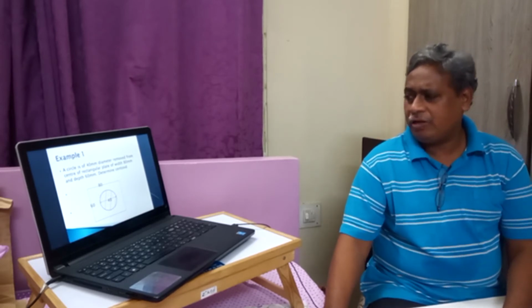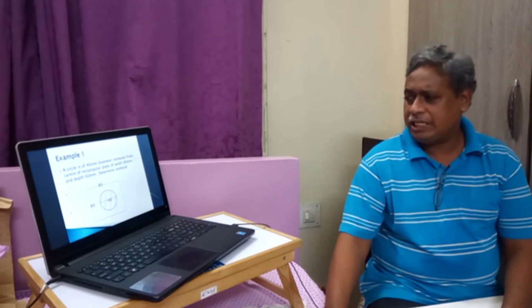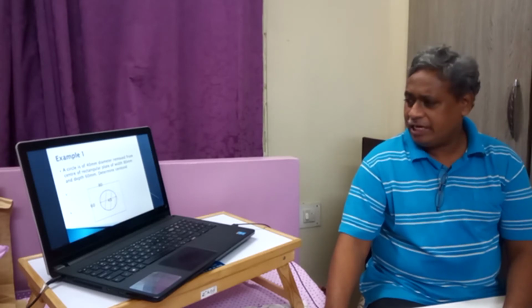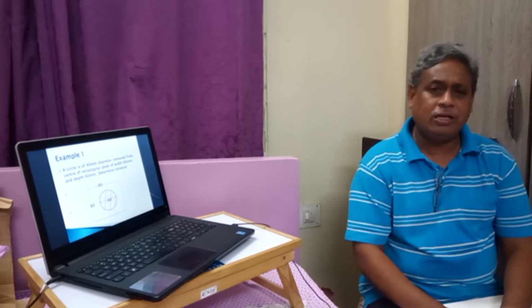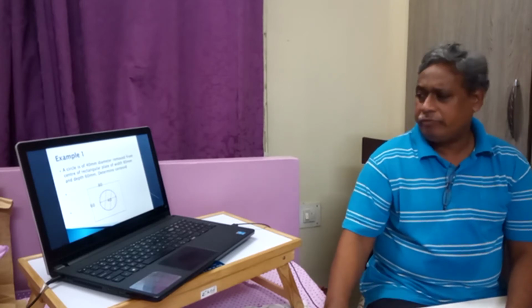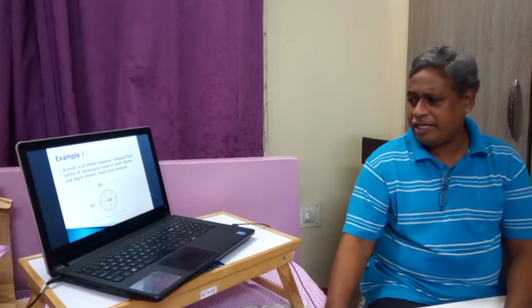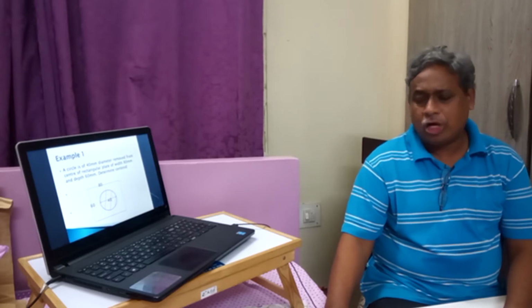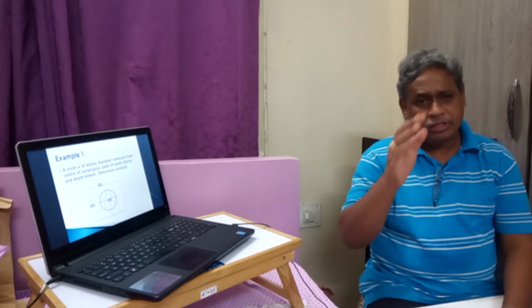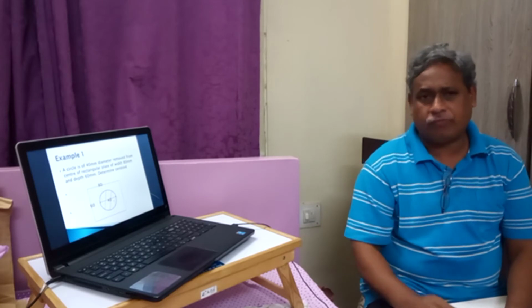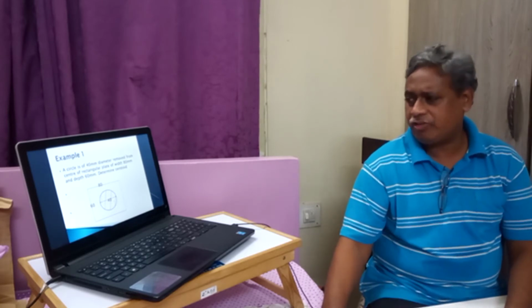Therefore, we can now assume that this entire rectangle is part 1 and the circle which is removed will be part 2. So we are deducting, or making an aperture or a hole at the center of the rectangle, of diameter 40, that is radius 20.